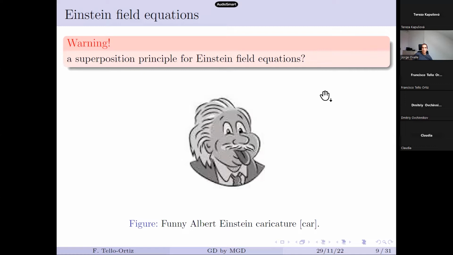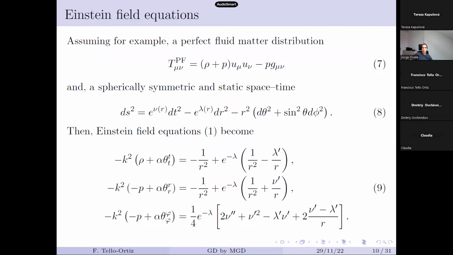Einstein says to us, okay, try it. Of course, let's see. Again, suppose this is the simplest situation, okay? You start from a perfect fluid matter distribution. As you know, this is the energy momentum tensor, okay?